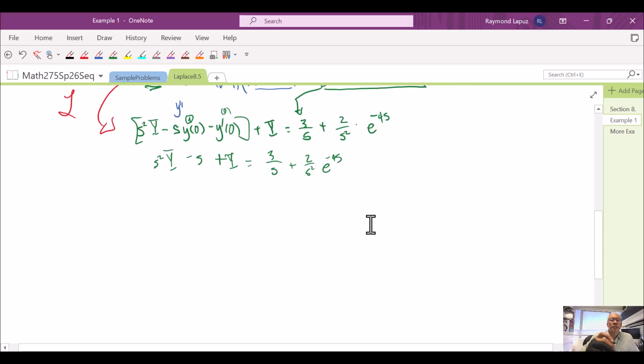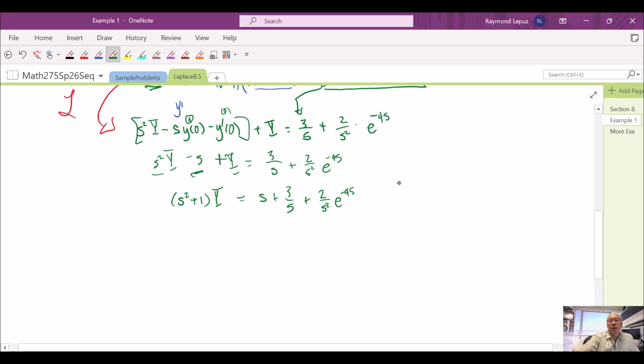All right, let's bring this over to the other side, and let's factor out a Y. So this is s squared plus 1, capital Y. And then let's bring this over to the other side, so that just becomes a positive s plus 3 over s plus 2 over s squared e to the negative 4s.